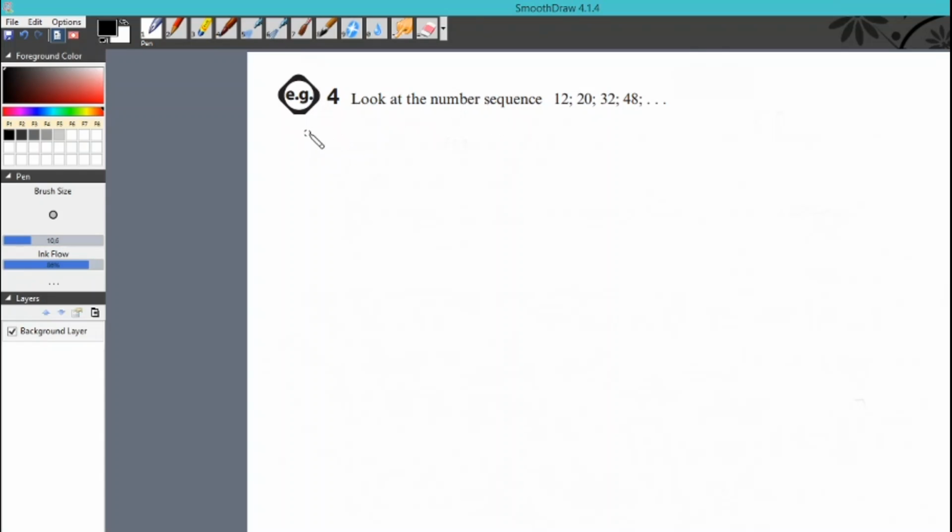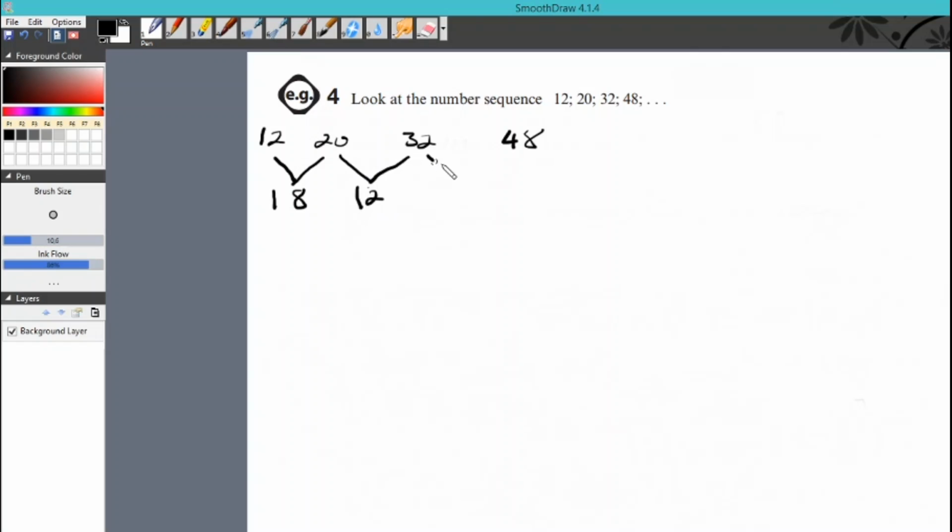So let's find the first difference. We have 12, we have 20, we have 32, we have 48, right? Let us find the first difference. Now term 2 minus term 1 is 20 minus 12, so that's 8. Now term 3 minus term 2, so 32 minus 20, which is 12.